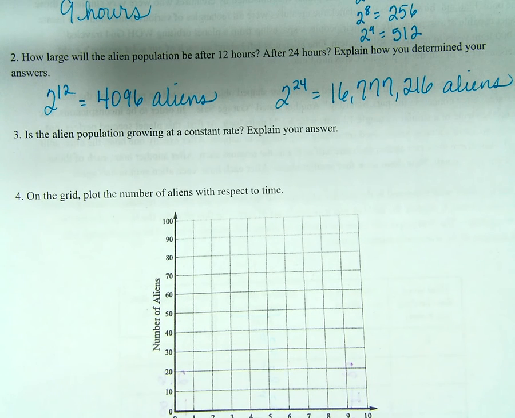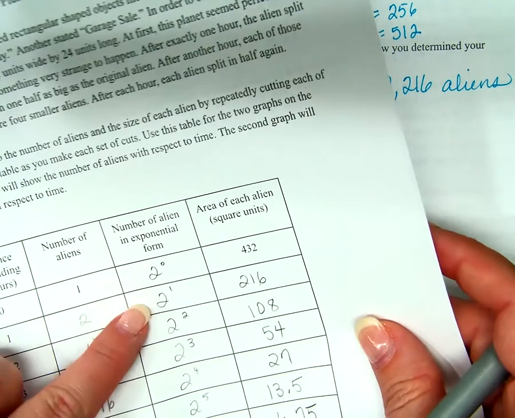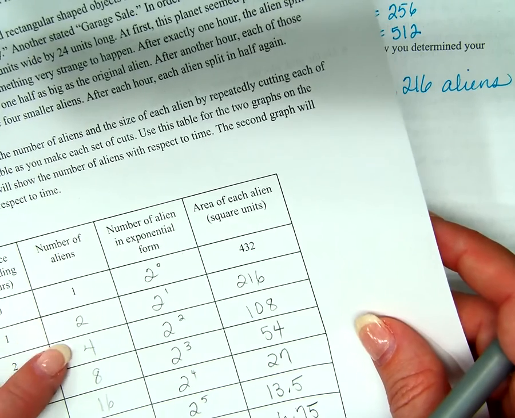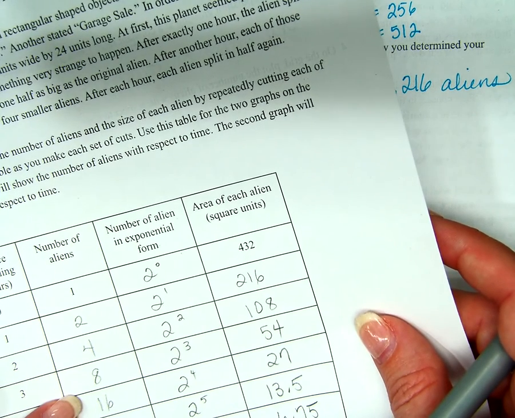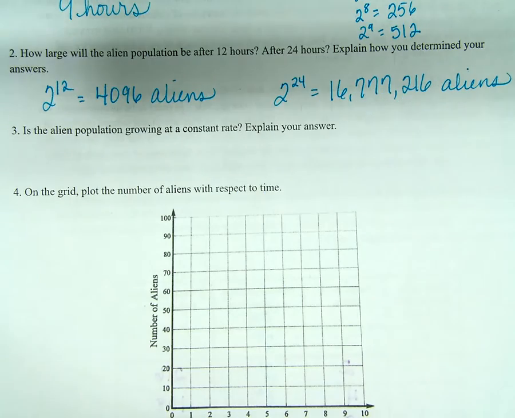Is the alien population growing at a constant rate? Well, I'll give you a hint. One of those answers is right. Either yes or no. What does it mean to change by a constant rate? So you're telling me yes because I went down the table and each time I added the same number. Oh, is that constant then?